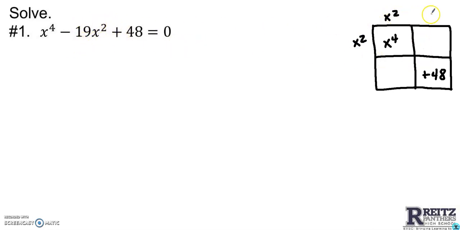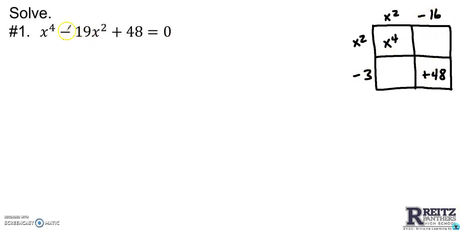I'm looking for two numbers that I can place here and here that multiply out to positive 48 but add up to negative 19. And without listing all of the factor pairs out there, I'll tell you that the one that I see is negative 3 and negative 16. If I multiply negative 16 by negative 3, I get positive 48.